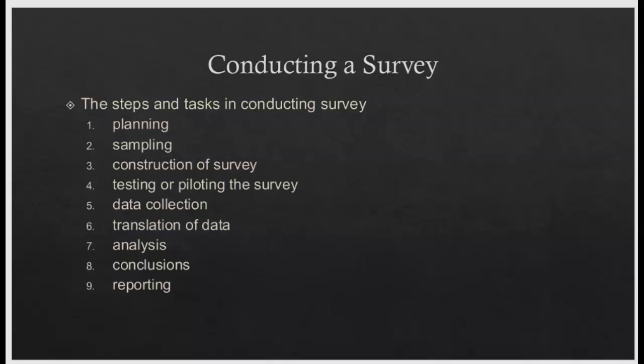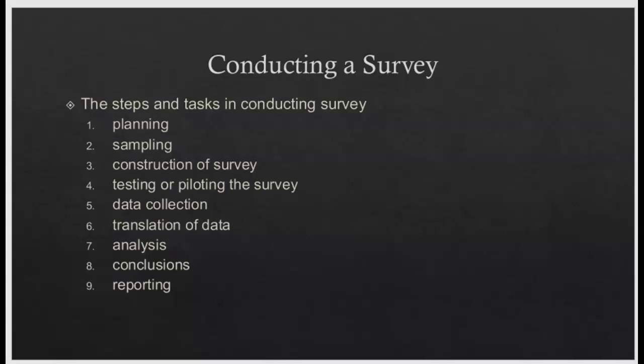Make sure you pilot the survey with people so that you can make sure your language is correct, the words you're asking are correct. You follow up the pilot by interviewing the people that you piloted with. So you ask them, when you responded to this question, what did you think? When on a question of scale of 1 to 5, what did you feel 5 represented? You get an understanding of are you actually collecting the data that you want to collect with your survey.